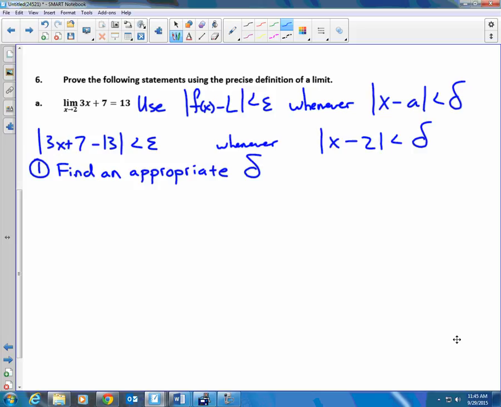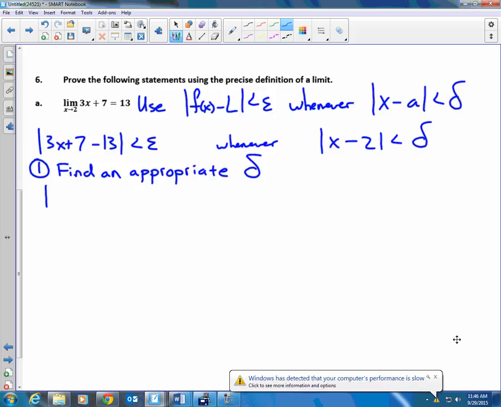That's what we've been doing the past 3 days, right? We've been finding delta values. So we need to find an appropriate delta given that statement above. How do we find an appropriate delta? We make the left side look like the right side. It's as simple as that.